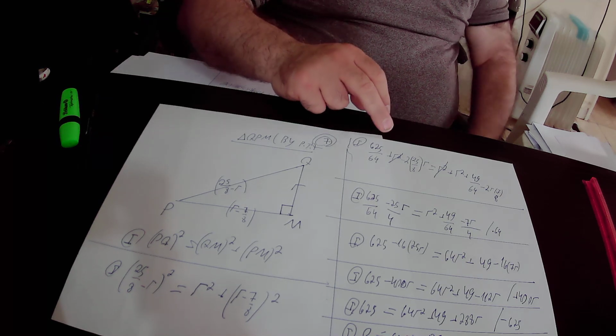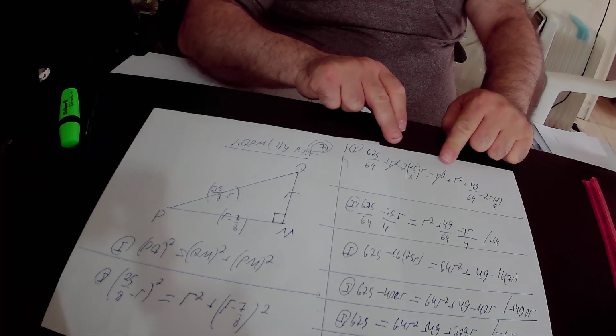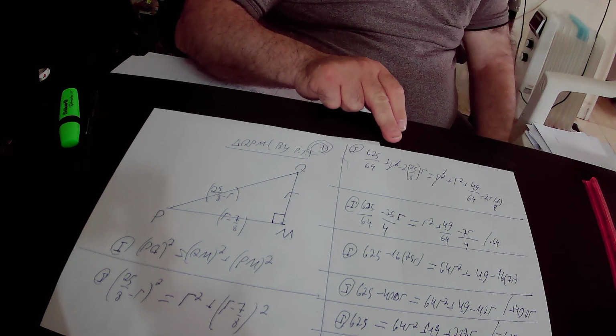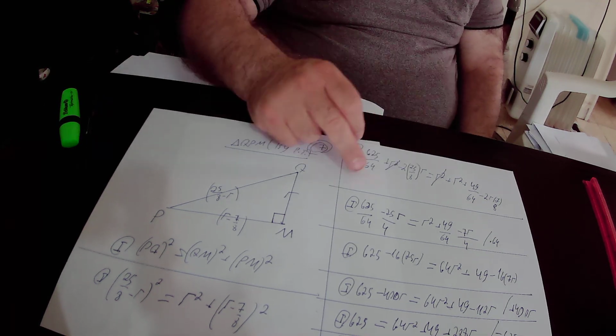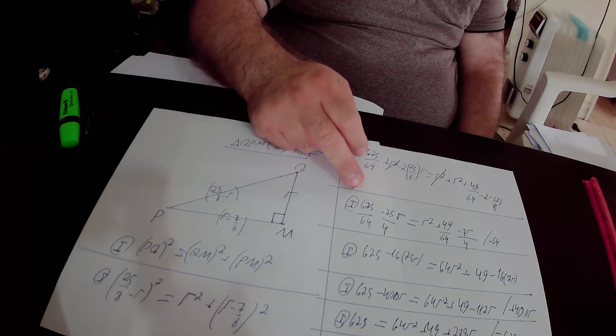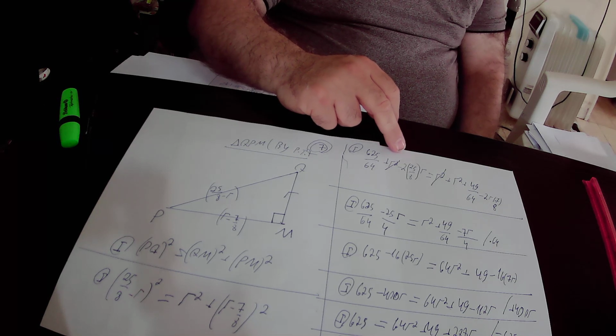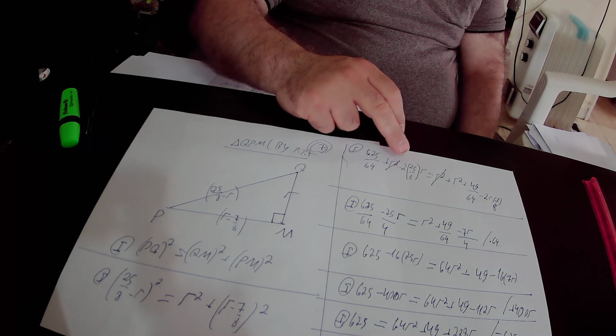So here we have R square on both sides of equation number 1, so R square will get cancelled. And what is left from equation number 1 after we cancel R square? It is actually 625 over 64 minus, here we have minus 2 times 25R over 8.